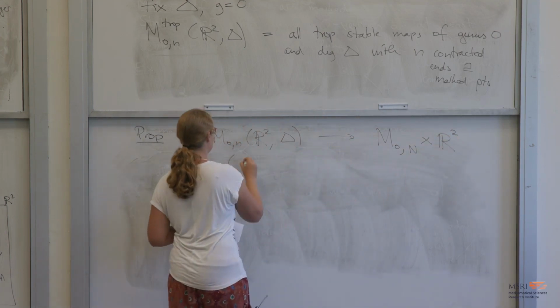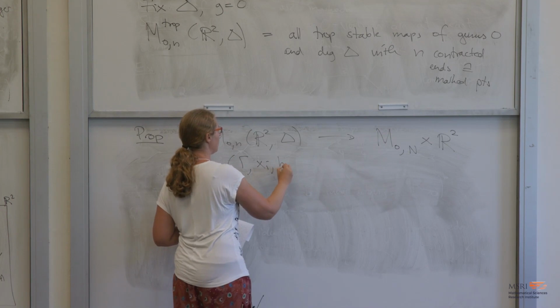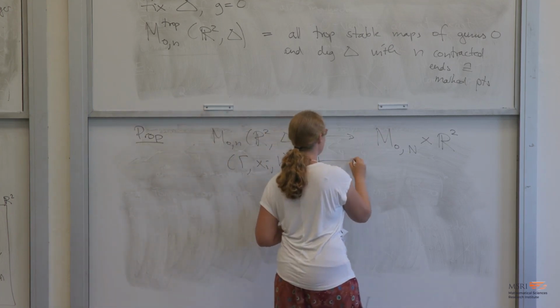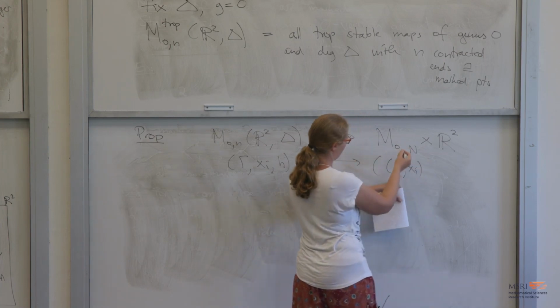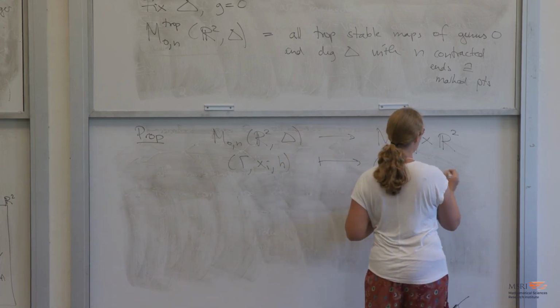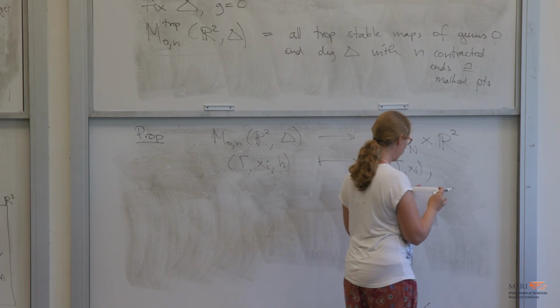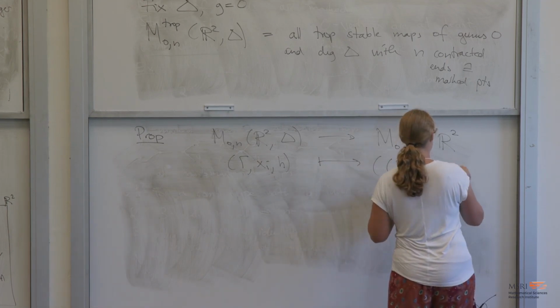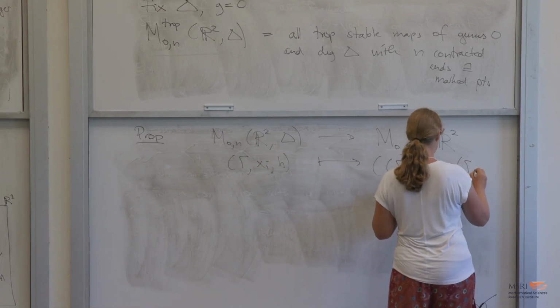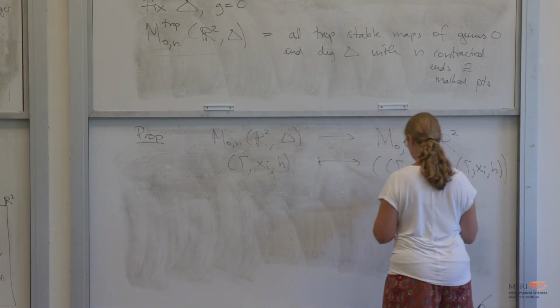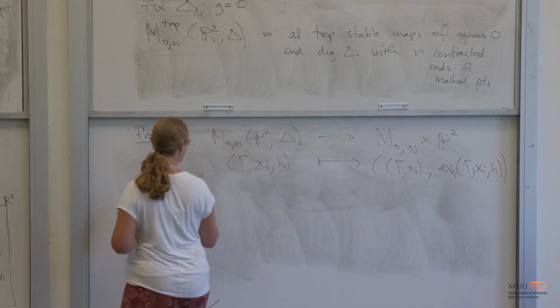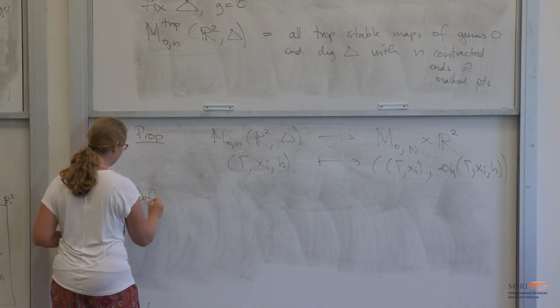The map that does this identification takes a tuple (gamma, xi, h) and sends it to (gamma, xi), which is just an abstract tropical curve with capital N markings. And then it sends it to the evaluation of the first marked point, let's say. And I have to define what that is. I should have defined before, sorry about that.